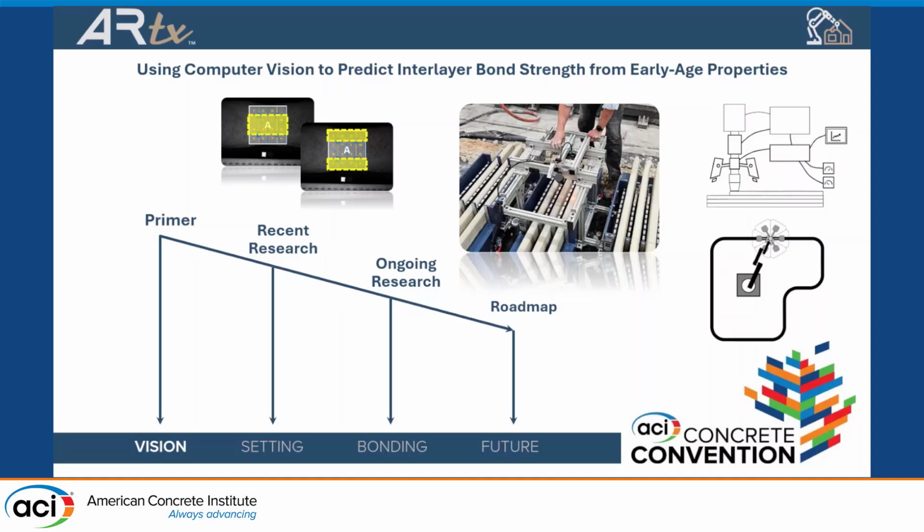We think that this also has some pretty exciting applications outside of 3D printed concrete. So again, we're hoping that we can bring awareness to some of these techniques and start to see more research in this field. All right, so let's start with vision.